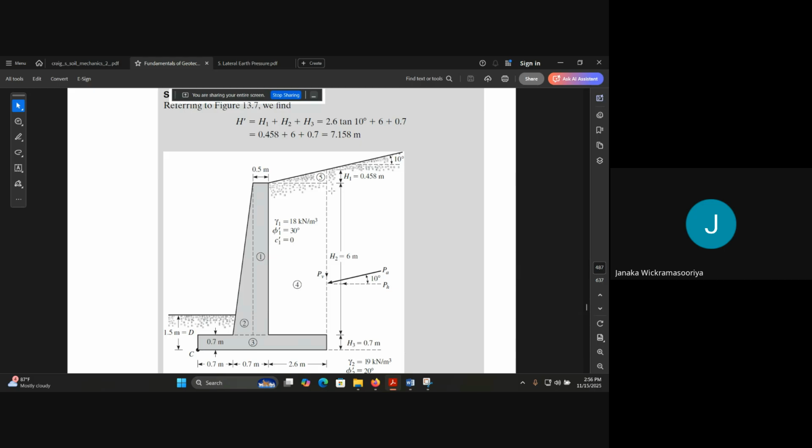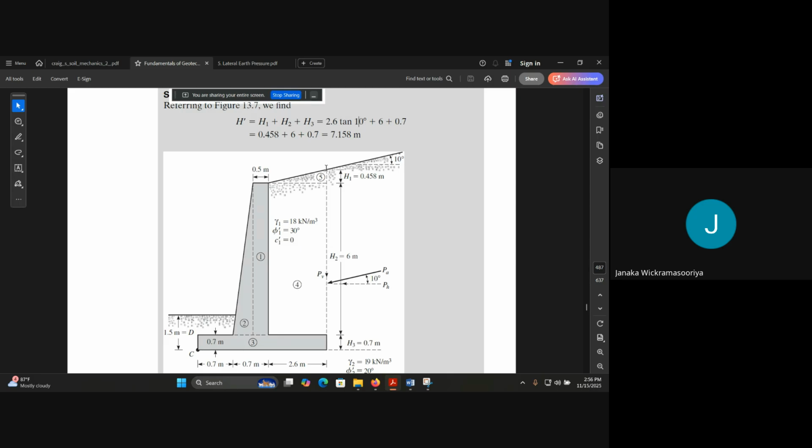This angle is 10. So this small height h1 would be 2.6 tan 10, that will be 0.4458.